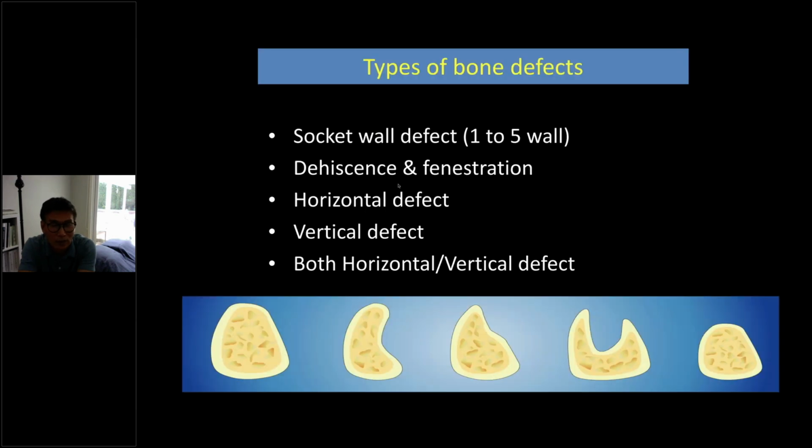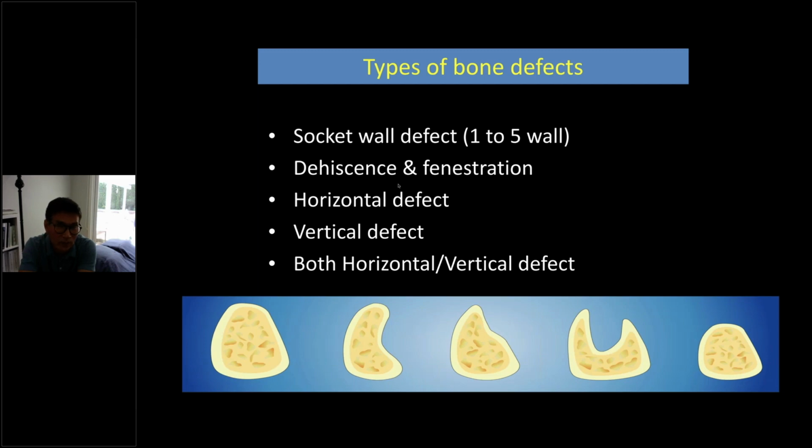Since this is guided bone regeneration, let's talk about the bone first, because without bone, you don't have an implant placement with stable osseointegration. Typically we'll say 1 to 5 wall defects, so socket wall, dehiscence, fenestration, typically horizontal defect because a lot of the time you have some perio involved, and vertical defect.